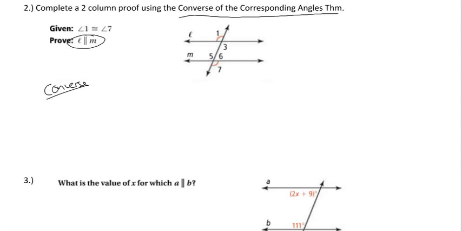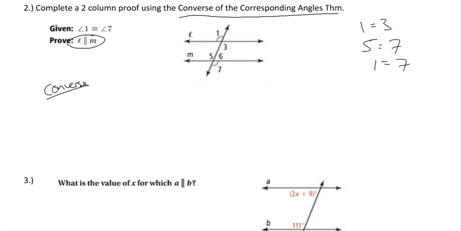Ooh, this is tricky. So if I know, how am I going to do this? 1 is going to be congruent to 3 for sure, because they're vertical angles. Whatever, what else? 5 is going to be equal to 7 by vertical angles theorem as well, and 1 is going to be congruent to 7.